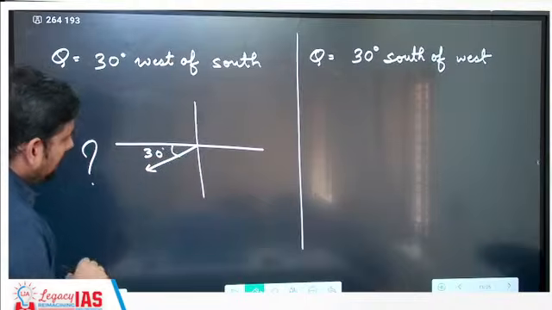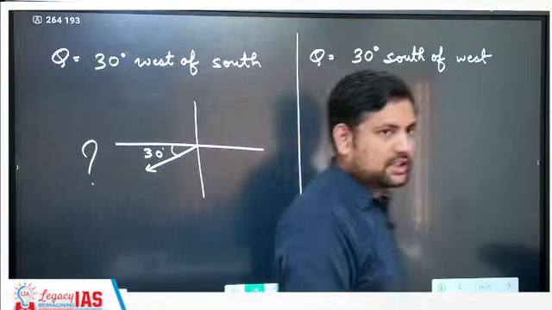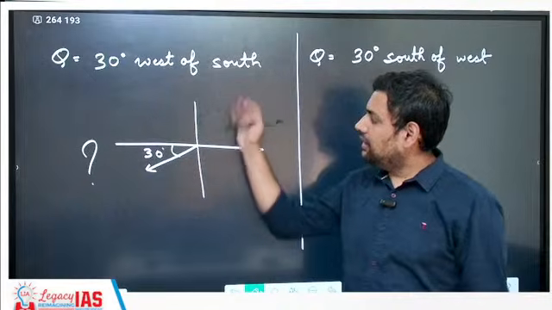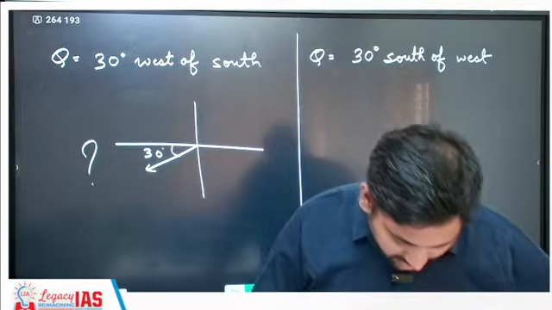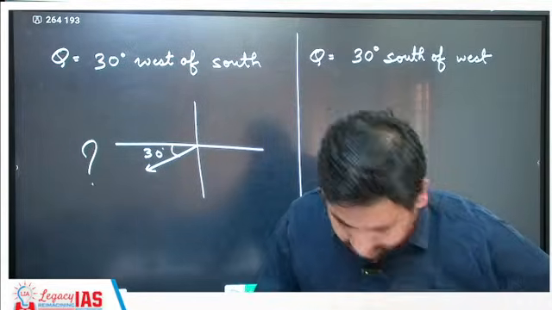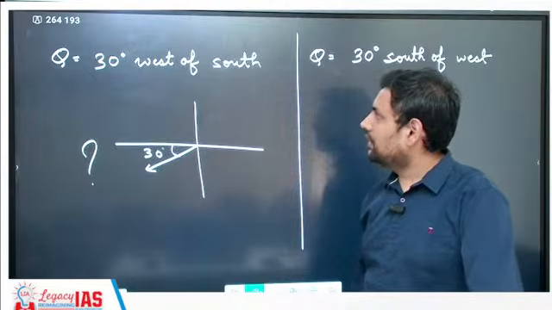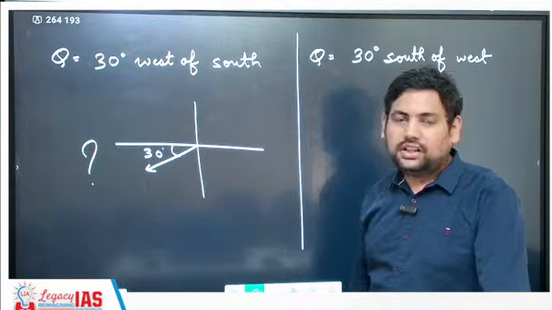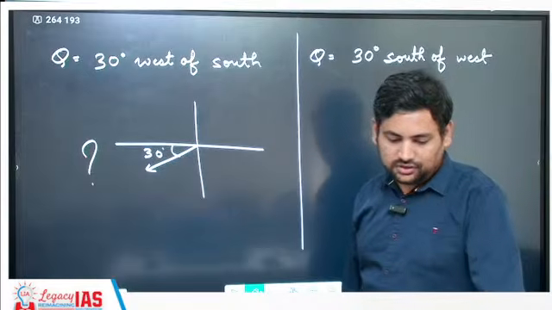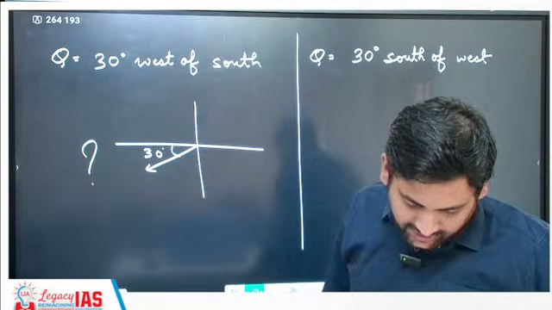You tell me, is this diagram correct for this or not? 30° west of south looks like this. What do you think? Is this correct or incorrect? 30° west of south. It looks like this. Correct or incorrect?